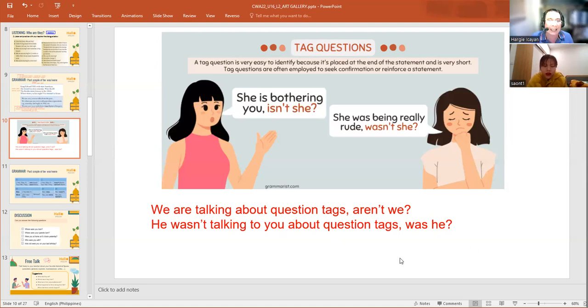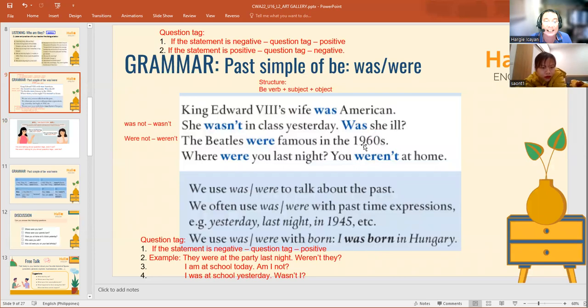Anyway, maybe we can have a lesson about question tags on a separate lesson, because this one is going to be complicated. I'm going to explain this one to you maybe on the other lesson that we have. But our focus is all about the use of the be verbs.